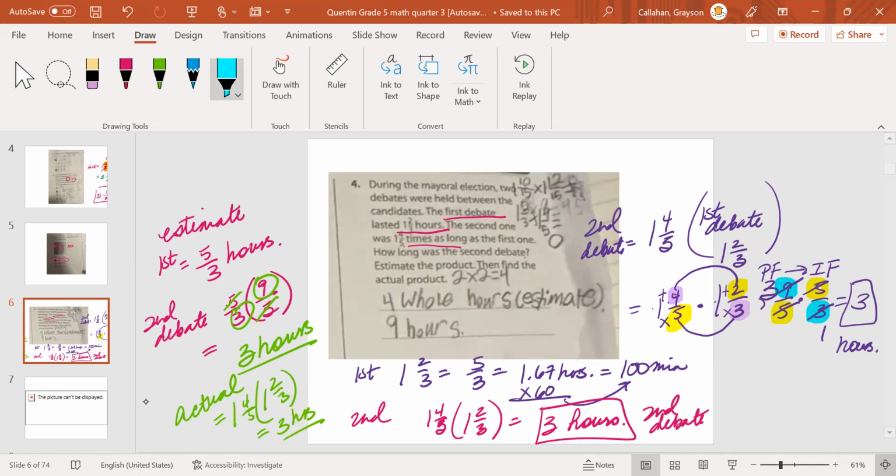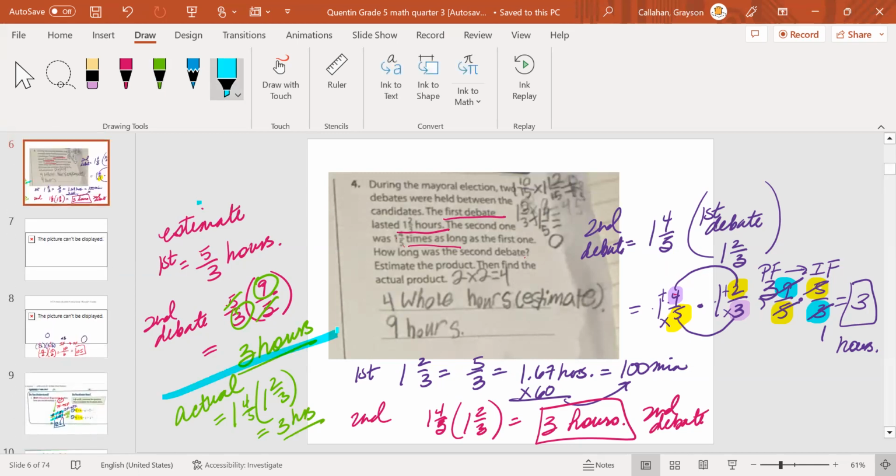So yeah, this is an estimate. There's two. This is the estimate, right? This is the actual. Okay. It's going to be the same answer, okay? Well, estimate just means you estimate the product. The actual product is the actual answer. They're the same.